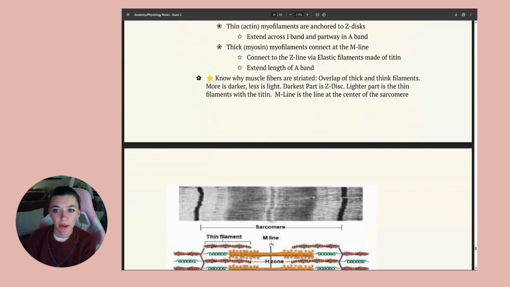And then know why muscle fibers are striated. It is the overlap of thick and thin filaments. More is darker, less is lighter. The darkest part is the Z disc, and the lighter part is the thin filaments with the titin. The M line is the line at the center of the sarcomere.